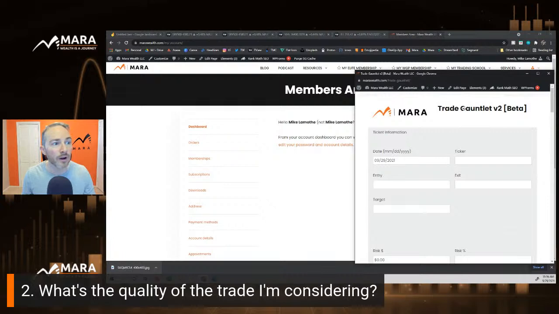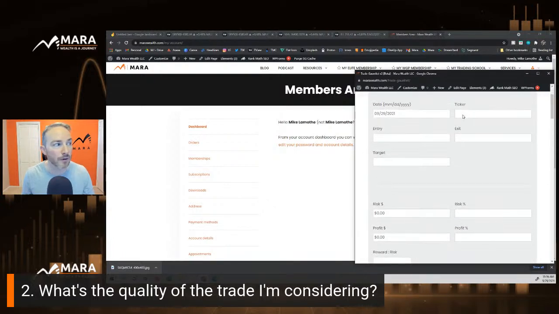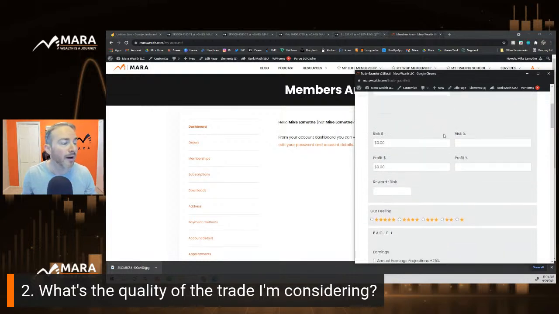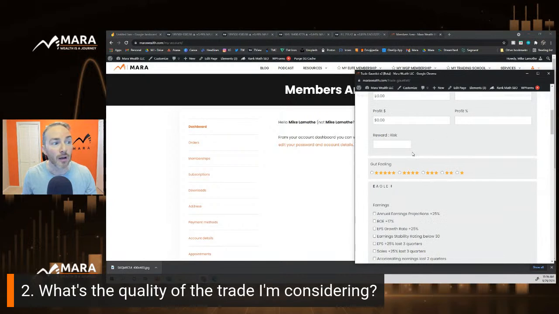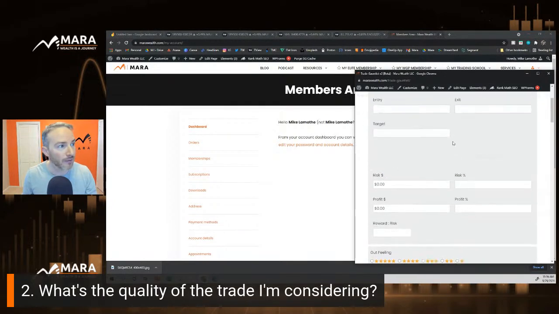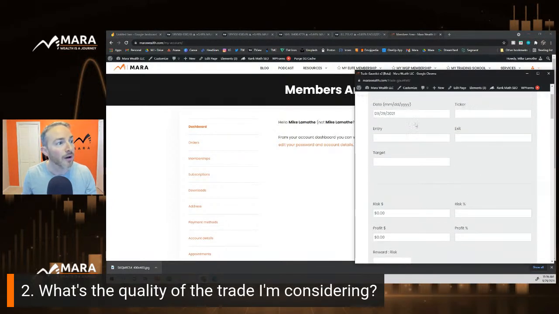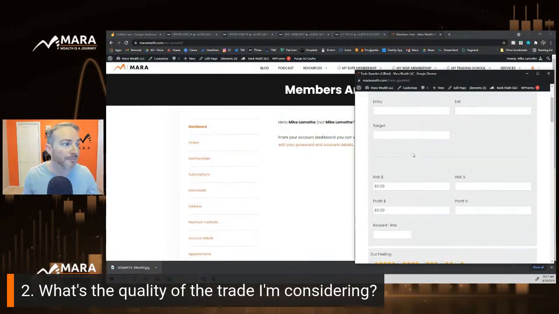Whatever stock I'm considering, I'll run it through this Trade Gauntlet, where I'm making it jump through a lot of different hoops. First, I'm figuring out my entry, my exit, my target, all that stuff ahead of time. It needs to meet basic minimum criteria for me to even take the trade.